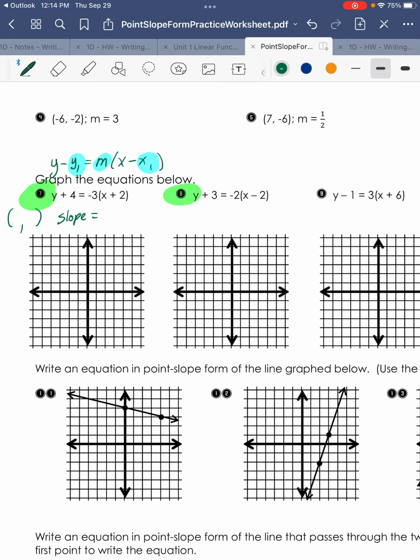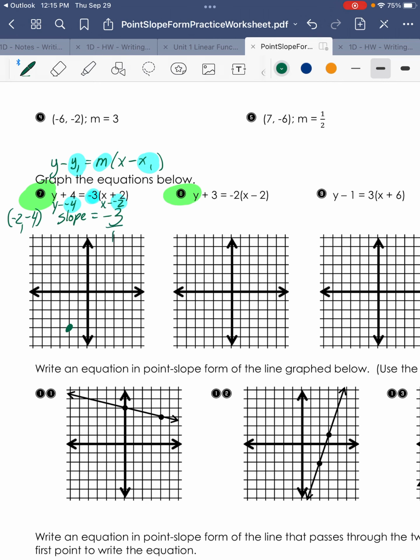So in the equation, this is really truly going to be a y minus negative 4. So my y value is negative 4. And then our slope is negative 3, so we can put that in. And our x value is opposite. A lot of times I'll tell you it's just opposite, so it's negative 2. So now I'm going to go to the graph and go left 2, down 4, and put a point.